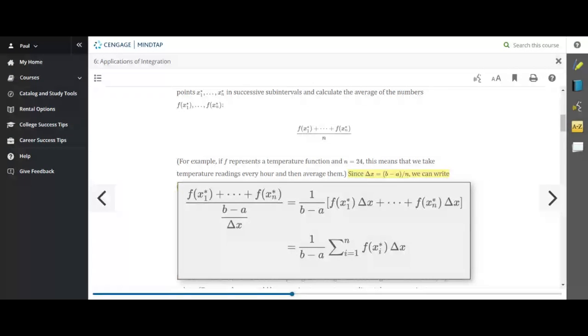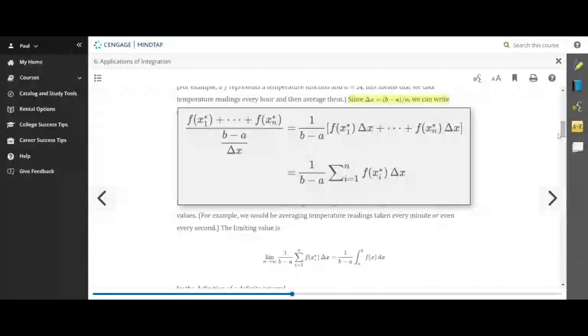I'm going to replace N with B minus A over delta X. But then delta X, you can multiply on the top and the bottom, and delta X will simplify out on the bottom. And so you're left with the average value of the function being equal to 1 over B minus A times the sum of the function values multiplied by delta X. And then you can write that as a Riemann sum. Are there any questions on what you're seeing in the highlighted box there?